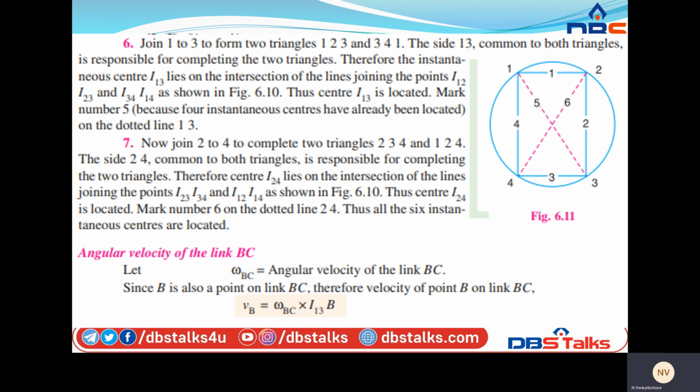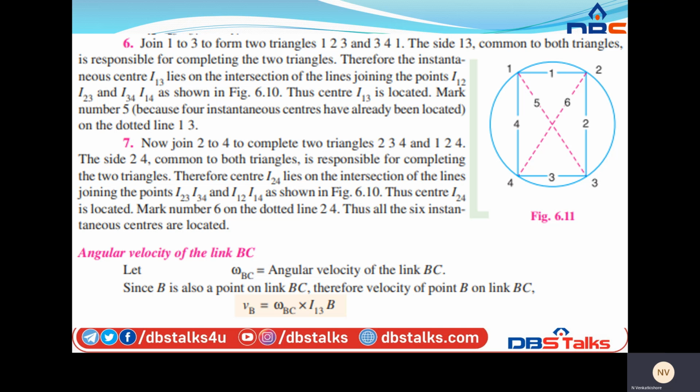Mark number 5 on the dotted line for 13. Now join 2 to 4 to complete the triangles 2, 3, 4 and 2, 4, 1. The side 2, 4 is common to both triangles and is responsible for completing them.